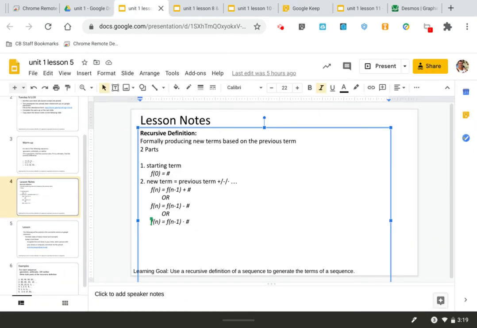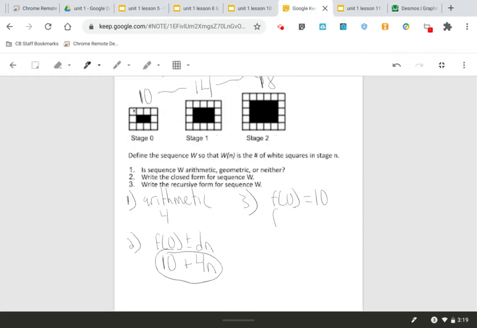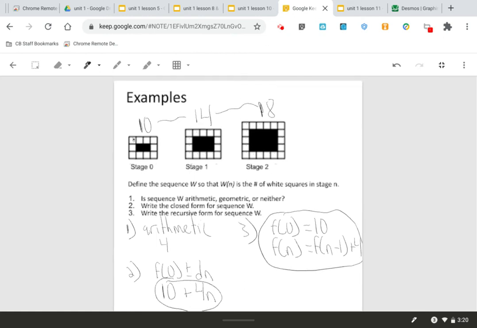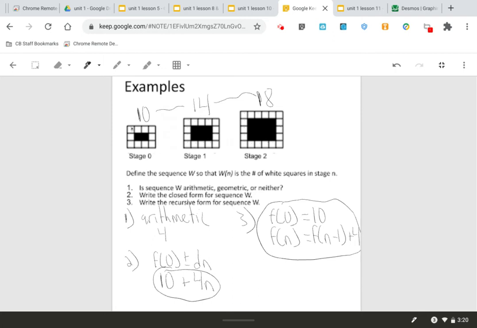And we know that our pattern is to add, so we're going to use this one right here. So it's going to be f of n equals f of n minus 1 plus 4. And that is our recursive form for the white squares, the white sequence here.